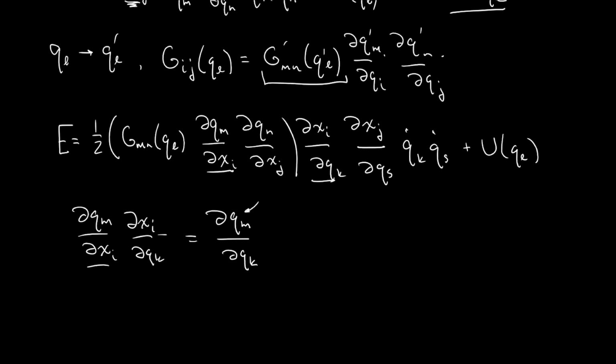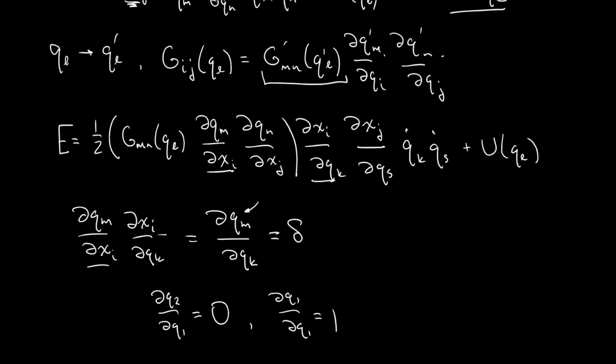But if the q's are the same, this obviously gives me 1. But if the q's are different, so if I have, say, dq2, dq1, this is going to give me 0. But if I have dq1, dq1, this is going to give me 1.